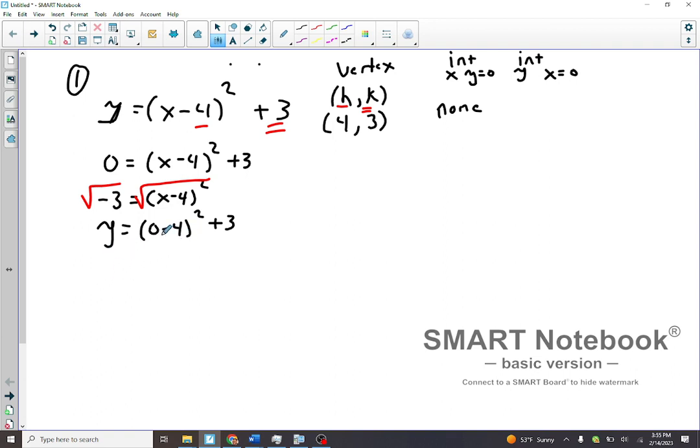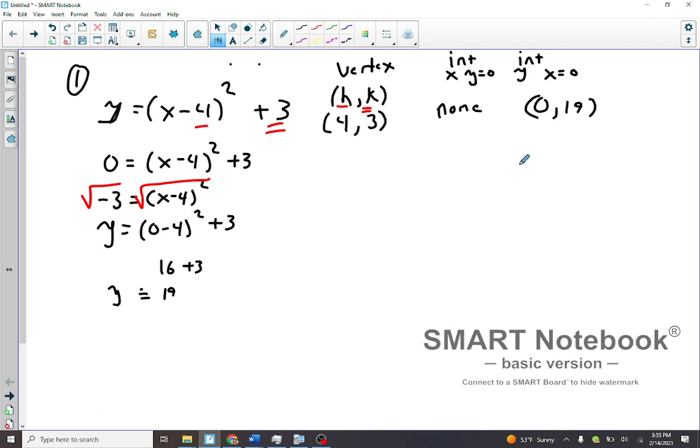Oh, wait, no. 0 minus 4 is negative 4. Negative 4 squared is 16. 16 plus 3 is 19. So y equals 19. So your y-intercept is (0, 19).